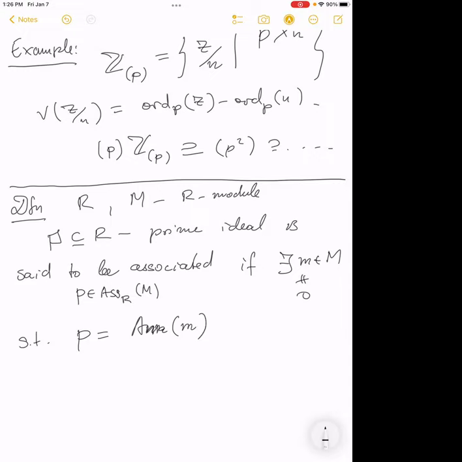What is the annihilator? These are all elements in the ring R that, when we multiply them by the element, give 0. So this is the definition of an associated prime.